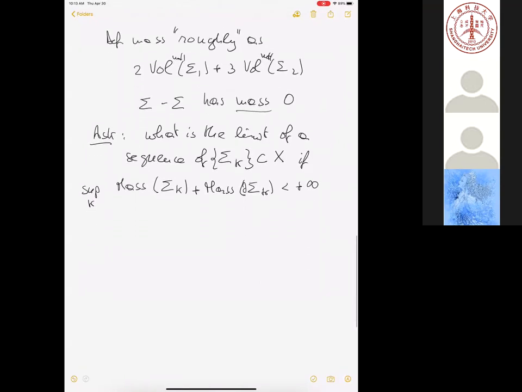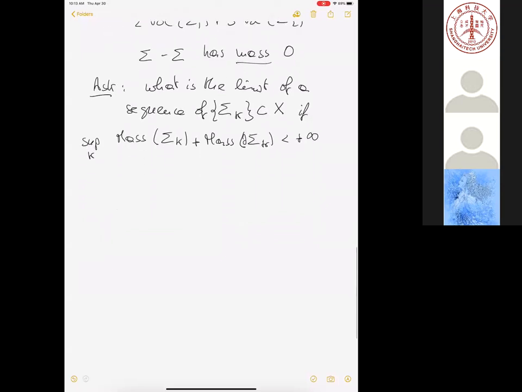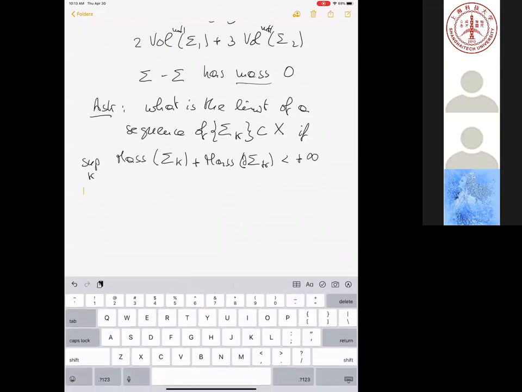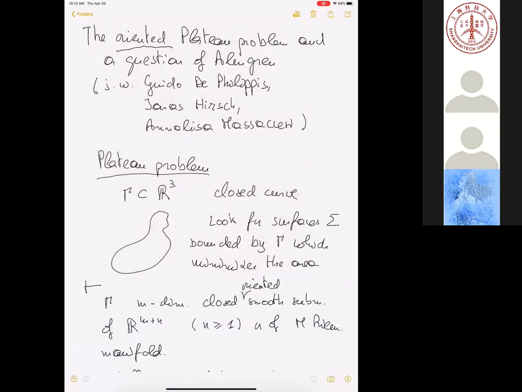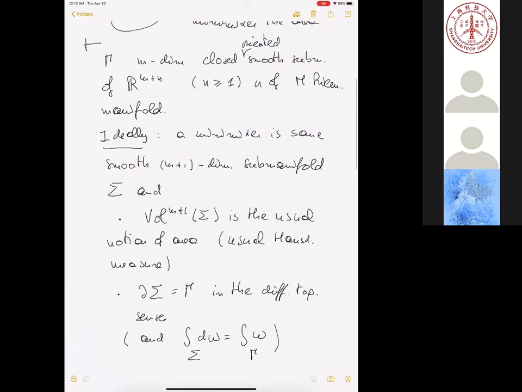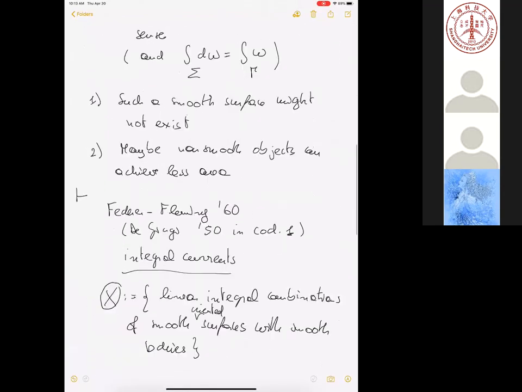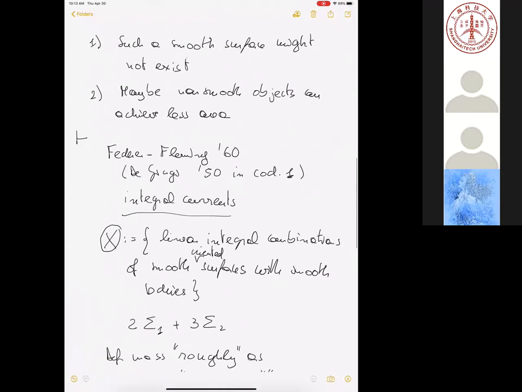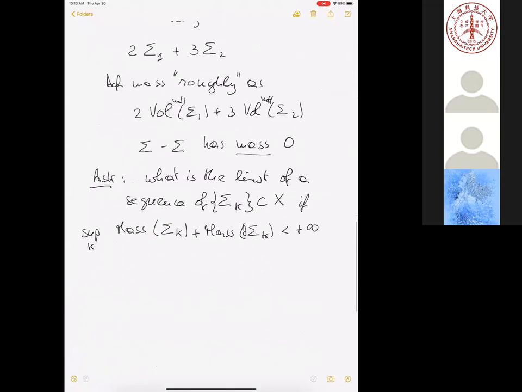And of course, if I'm asking about what is actually the limit of a sequence of such sigma k, I have to specify in which sense I understand the limit. And I understand the limit in the following sense. So say a limit for me.